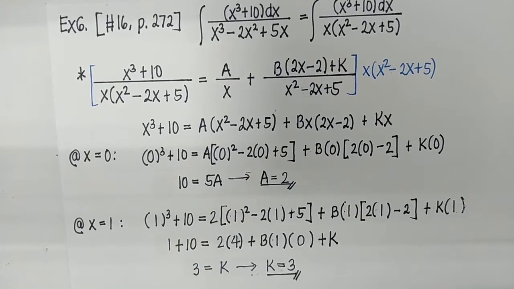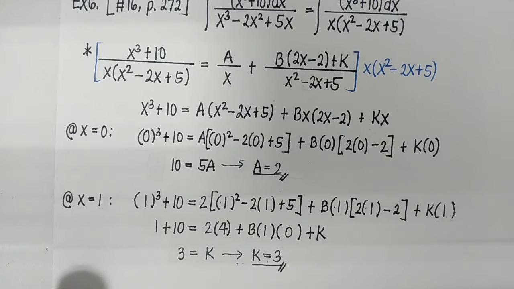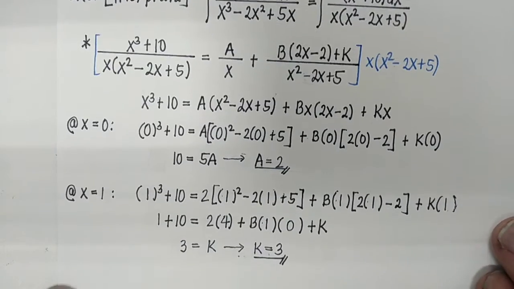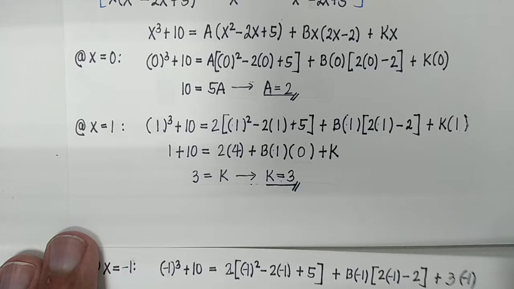Lastly, to compute the value of your B, we simply assign random values of x. So for this one, let's have x be equal to negative 1 to make it easier for us to compute. So when x equals negative 1, you'll get the following expression.